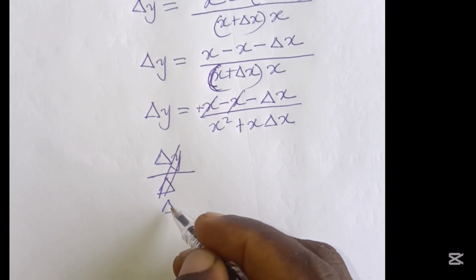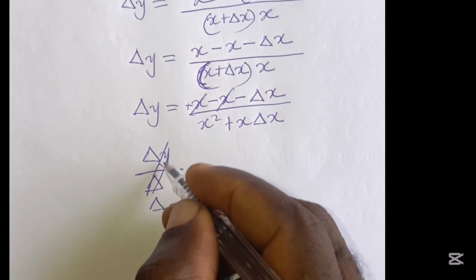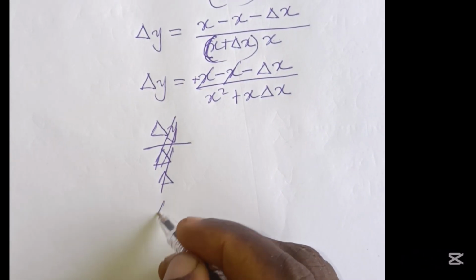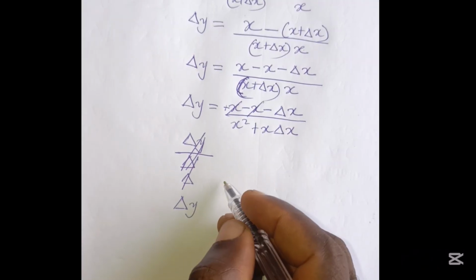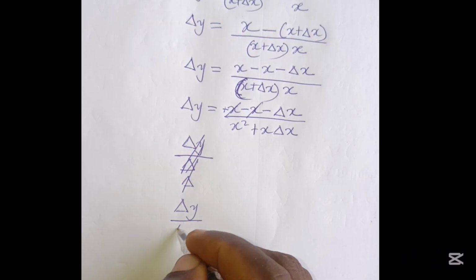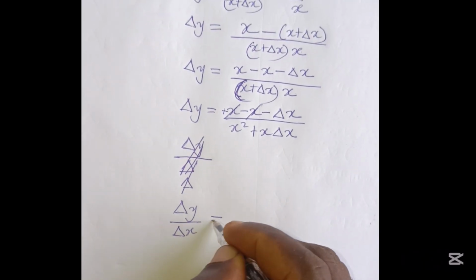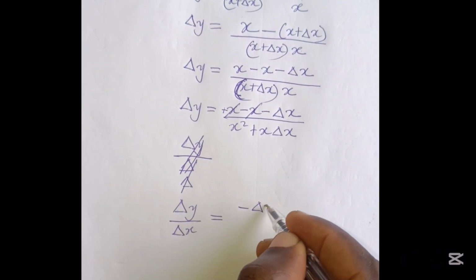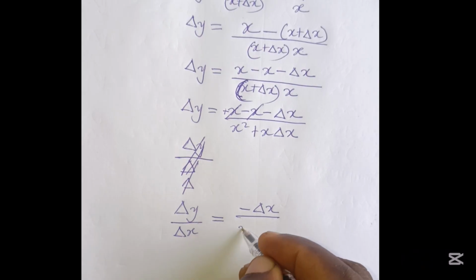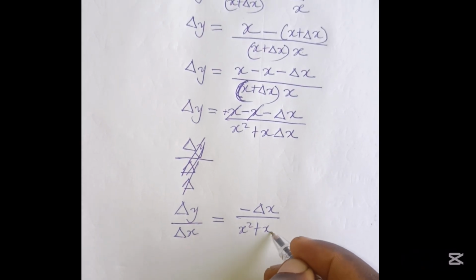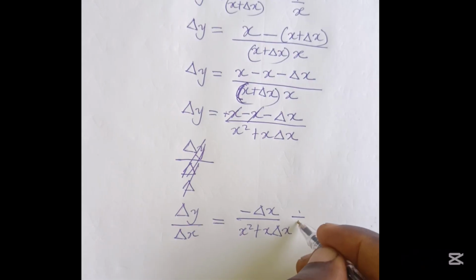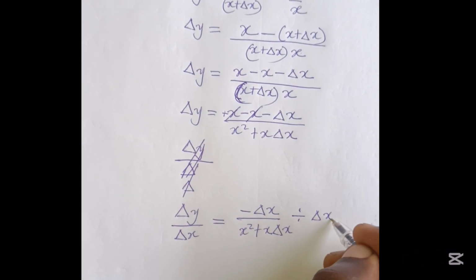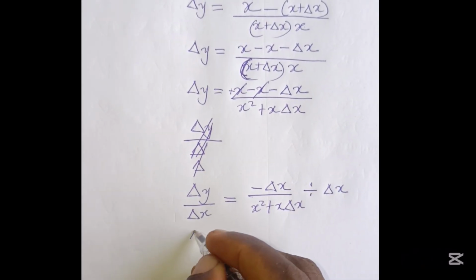So we have to introduce our change in x. That is, we divide both sides by change in x. So that means change in y divided by change in x is equal to minus change in x over x square plus x times change in x, divided by change in x.